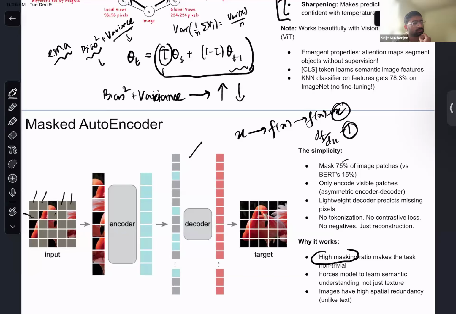Plus, we also have multiple heads in layer one. So it's already like a manifold in layer one itself, because there are so many heads learning different perspectives. So I'm not able to understand why I need 50 layers. The only thing I can say is that empirically it worked.